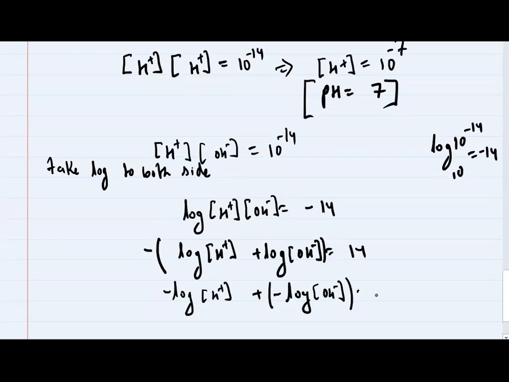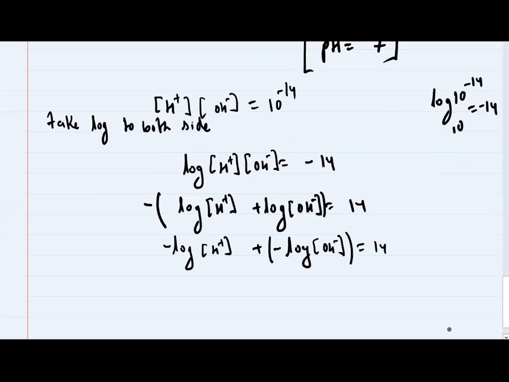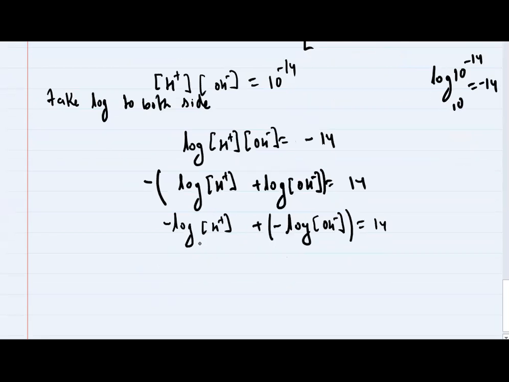Can you see that? What is minus log concentration of H plus? What is it called? Yes, very good. This is called pH.